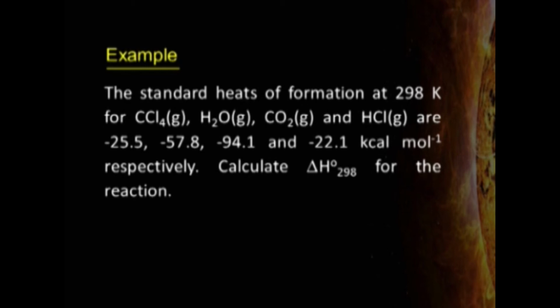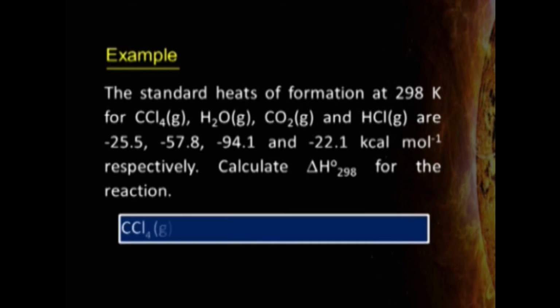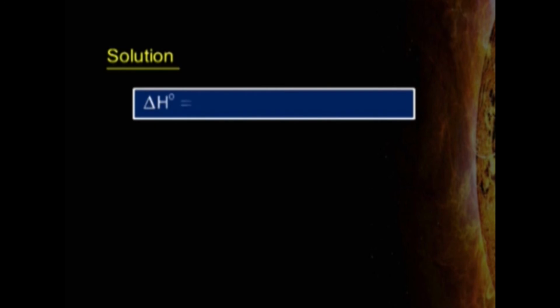Calculate delta H naught at 298 Kelvin for the reaction CCl4 gaseous plus 2H2O gaseous giving you CO2 gaseous plus 4HCl gaseous. Here also you know that delta H naught of reaction will be equal to delta H naught of products minus delta H naught of reactants.